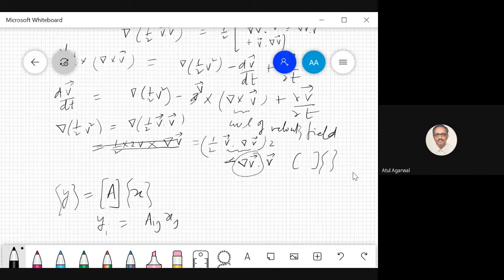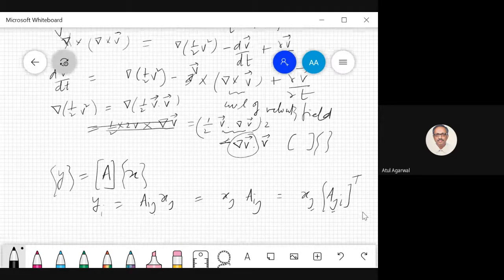You can also write it as xj aij. Whenever you do any matrix multiplication, you try to match the index. Here you match j and j. Here it was not matching, so you did a transpose.